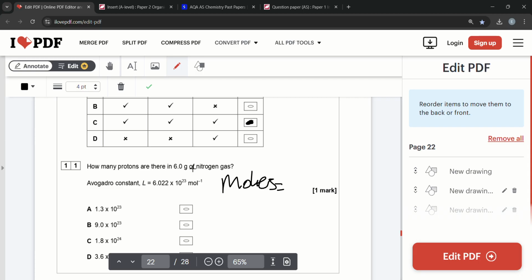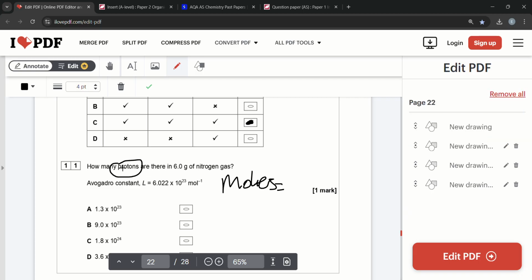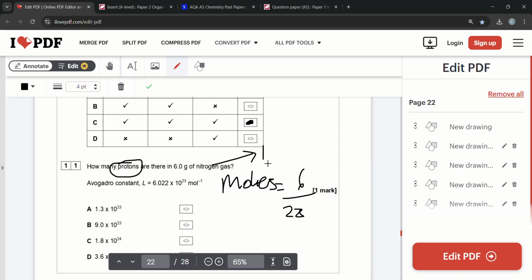So we find out the moles. And then, because we're trying to find how many protons there are, we find out the moles: 6 divided by 28, because nitrogen gas is N2, times by 2.